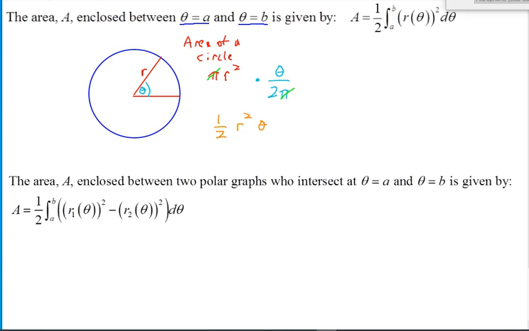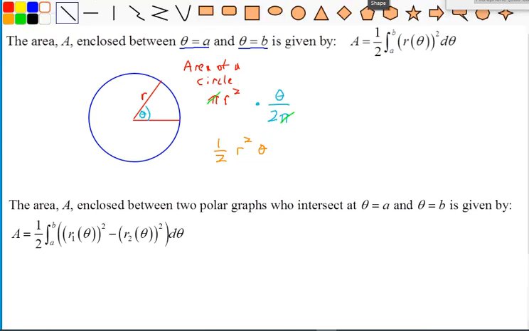With polar coordinates, we draw another circle. The difference is, rather than having some large angle theta here, we're going to label this as d theta to represent a really small angle.